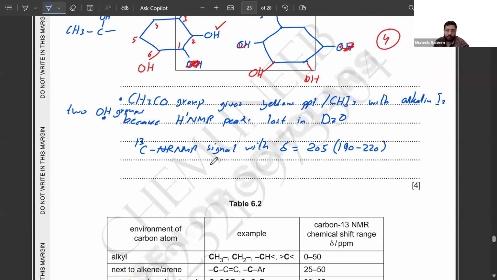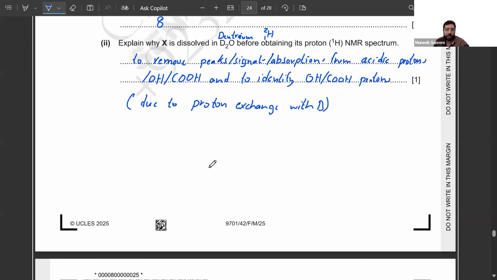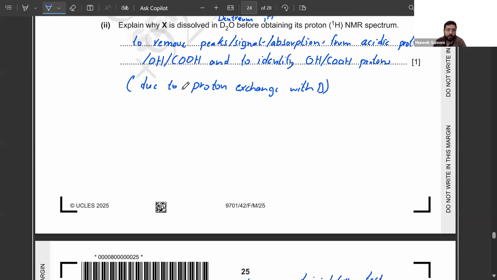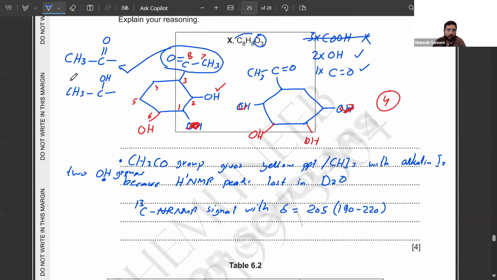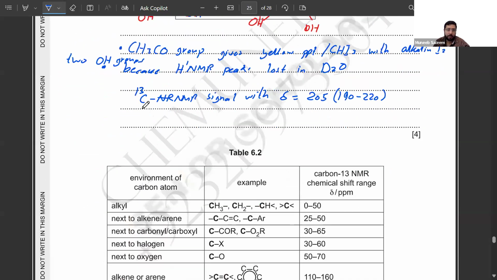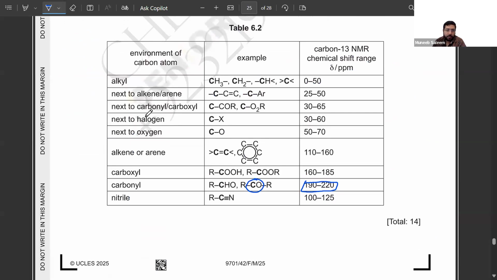And another peak which we must have here is for the methyl part bonded with the carbonyl group. So how do we have this methyl group, which is with the carbonyl group? For this purpose, you need to see the alkyl group next to the carbonyl group, which has a value of 30 to 65 chemical shift value.